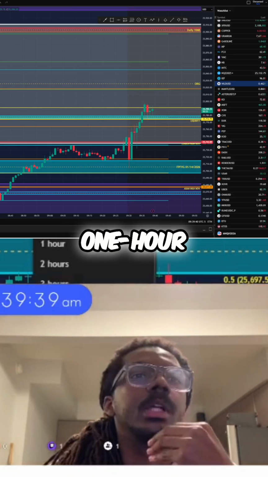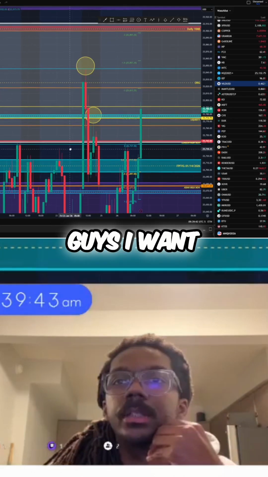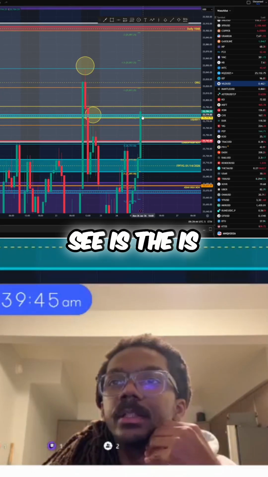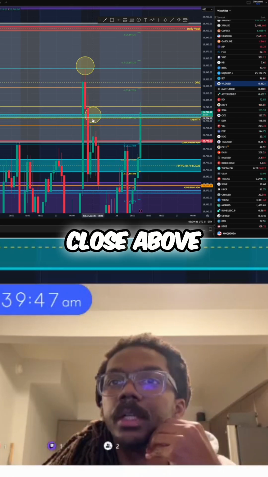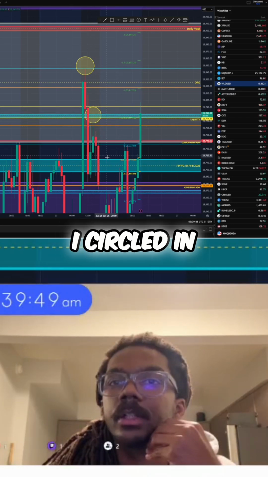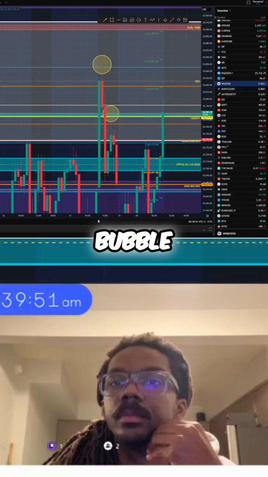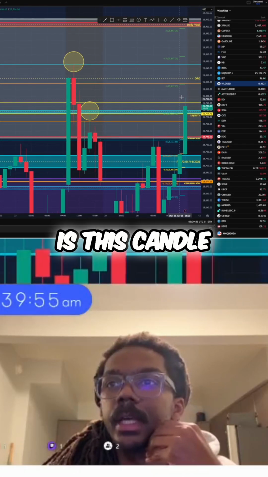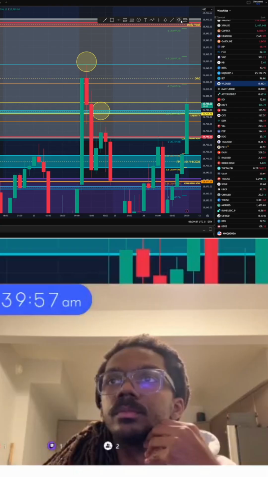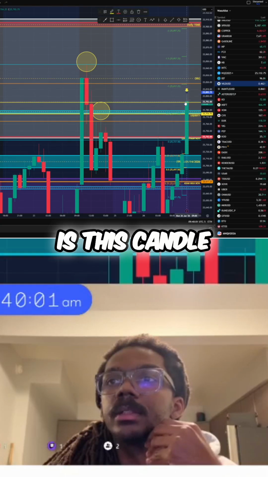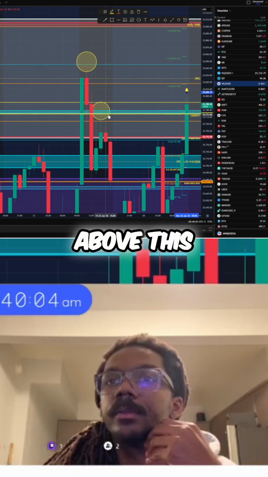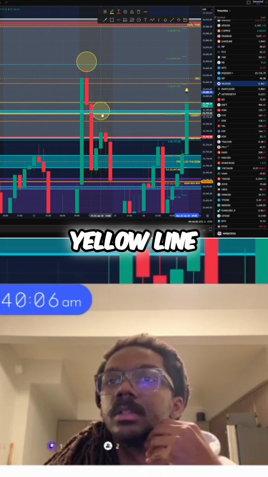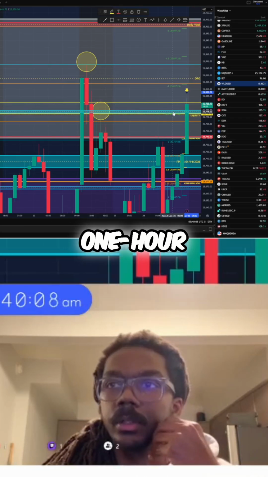All right, we look at the 1 hour time frame. I told you guys I want to see, is this candle going to close above this swing high right here that I circled in this yellow bubble? All right, is this candle right here going to close above this yellow line, which is this swing high on the 1 hour time frame?